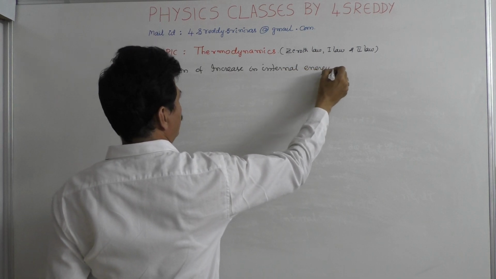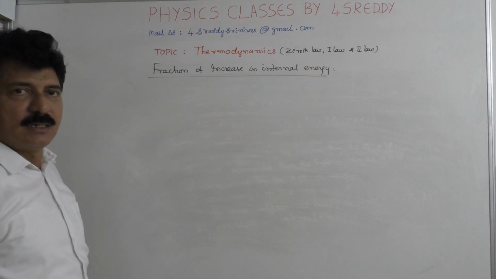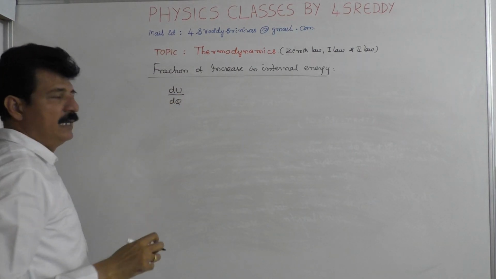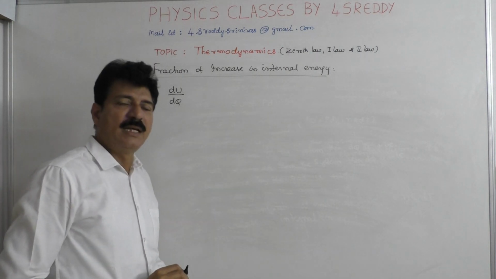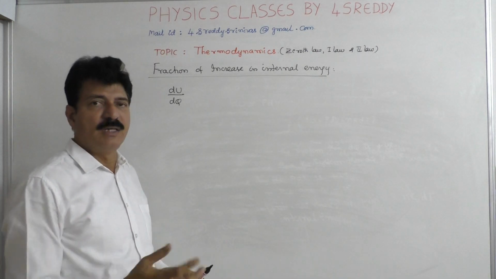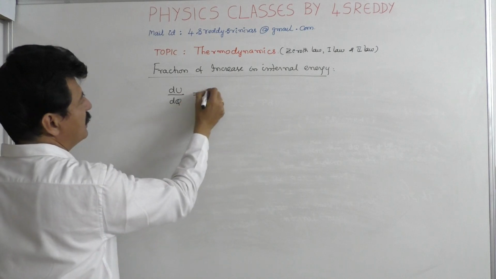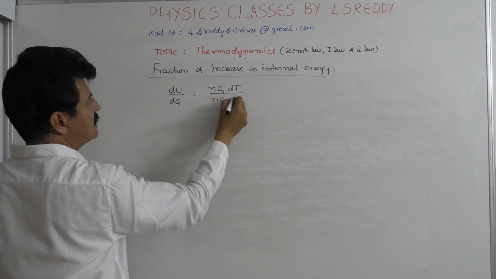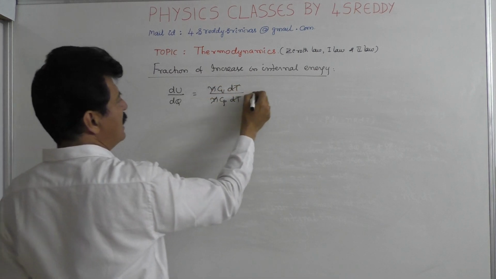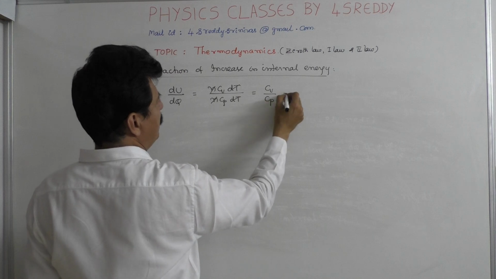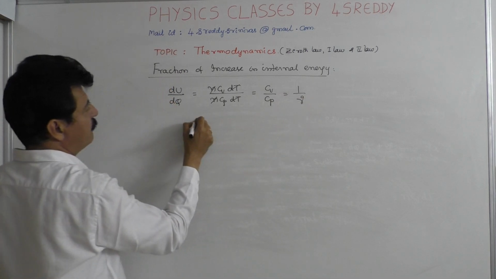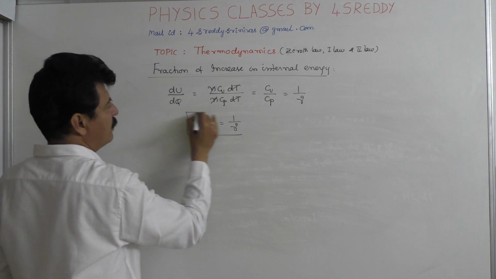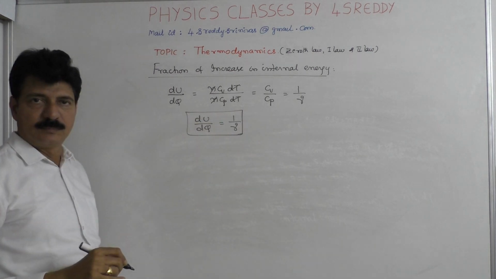It is simply dU by dQ, the increase in internal energy to the heat supplied. We know that it is nCv dT by dQ equals nCp dT. So these get cancelled. Cv by Cp equals 1 by gamma. So dU by dQ is equals to 1 by gamma.